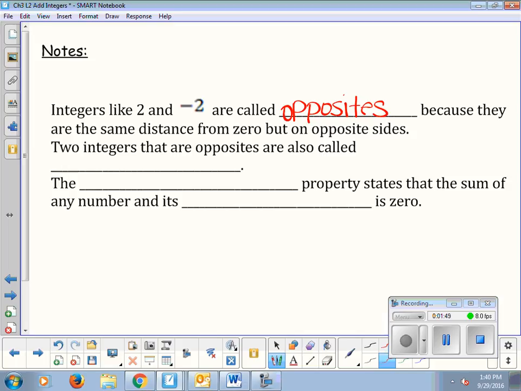If you have two integers that are opposites, they are also called additive inverses. The additive inverse property states that the sum of any number and its opposite, or its additive inverse, is 0.